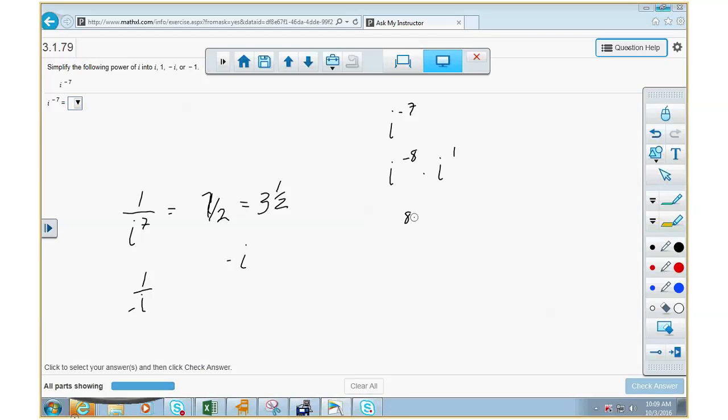Eight divided by 2 is 4, so that gives us 1. And i to the first is equal to i, and so 1 times i is equal to i.